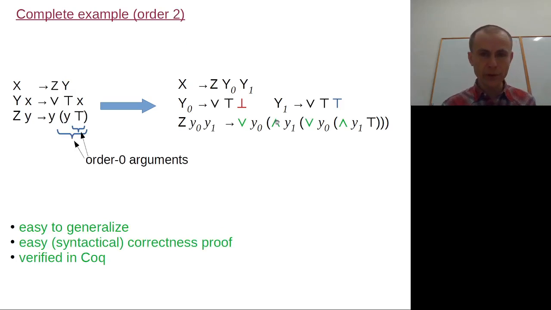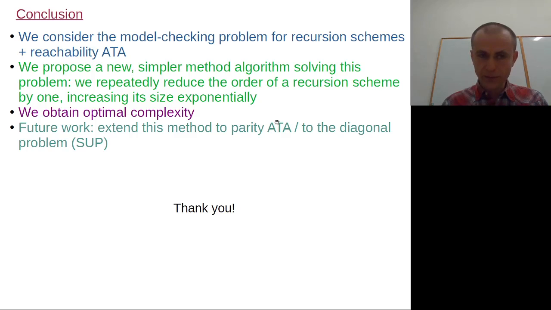The proof was written in Coq, so you can be sure that everything is correct, but already while reading this proof in the paper, there is nothing difficult. It's really a simple algorithm and a simple correctness proof, much simpler than for the previous algorithms.